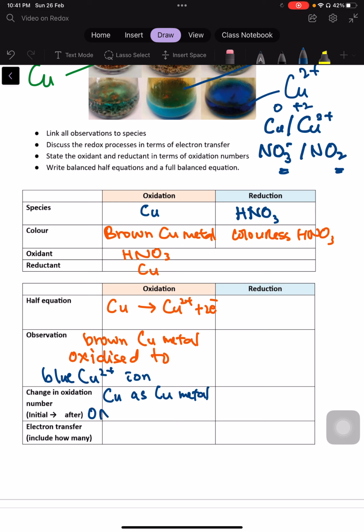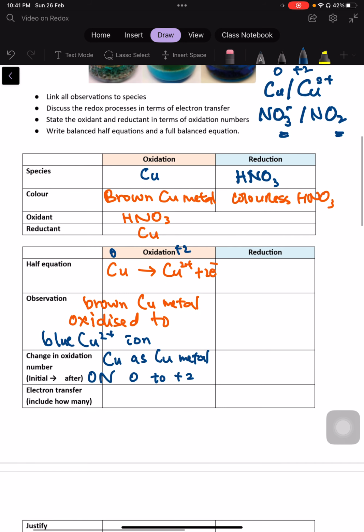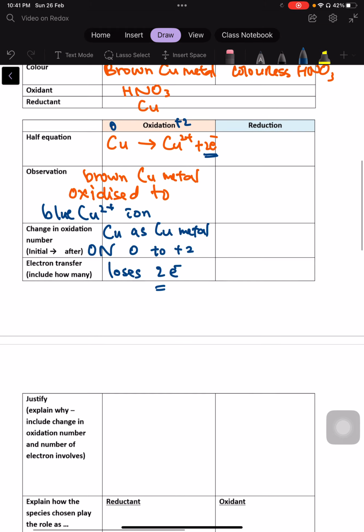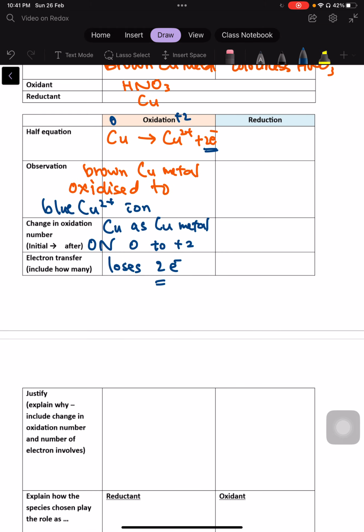The change in oxidation number is from 0 to +2, which can be seen as free element 0 on the left, +2 on the right. For transfer of electrons, you can see from the equation that it loses 2 electrons. So always measure how many for excellence level. To justify your answer, you can paraphrase and repeat the previous 2 rows.